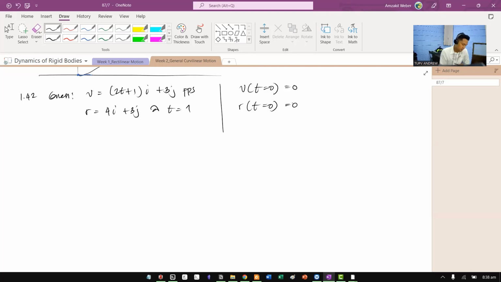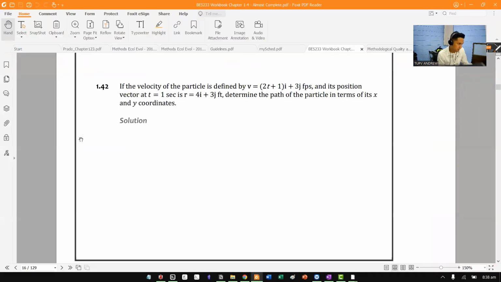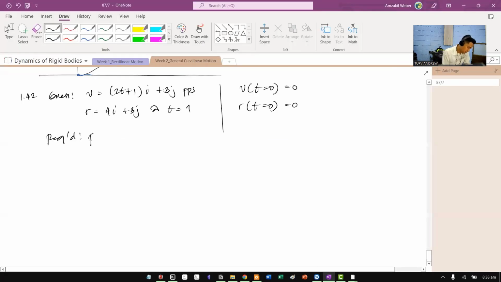Okay? So, what is required? The required is actually the path, the equation of the particle in terms of x and y. The path in terms of x and y.